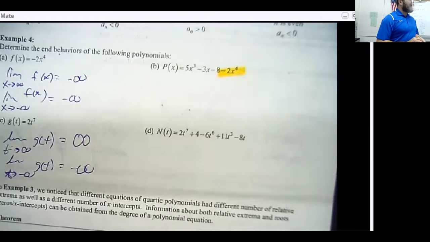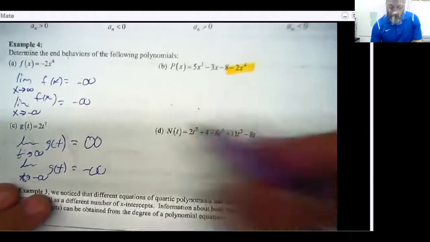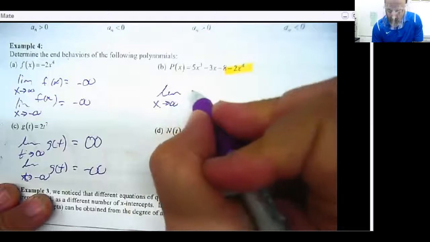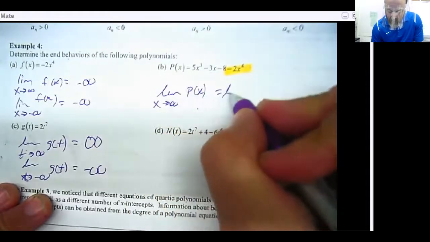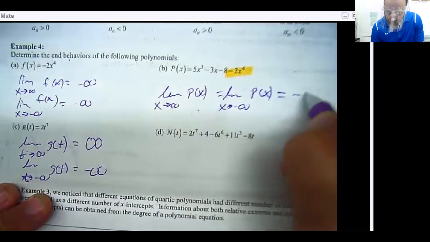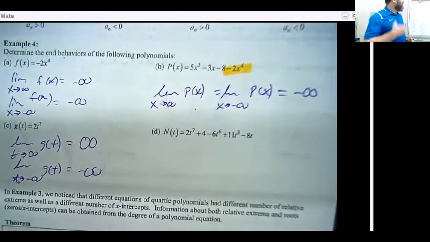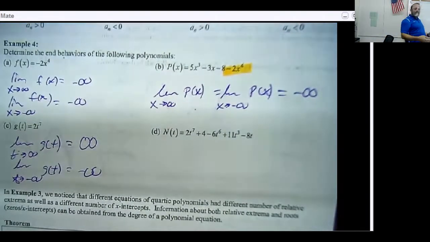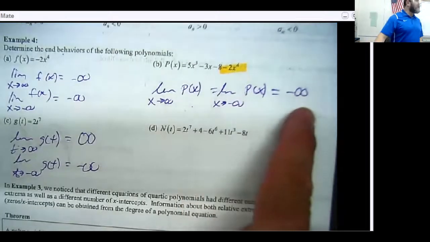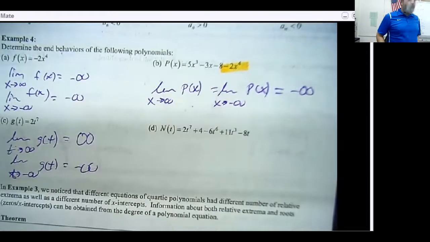So what would that tell me about it? That would tell me that the limit as I approach infinity of p should be the same as if I approach negative infinity of p, and they should both be down, shouldn't they? Now, by the way, do you notice I just messed with the notation a little teeny bit? Because I'm just saying, hey, the answer to this one is the answer to this one is the answer negative infinity. You guys cool with that? I could write it twice, but it seemed like it was just more efficient.